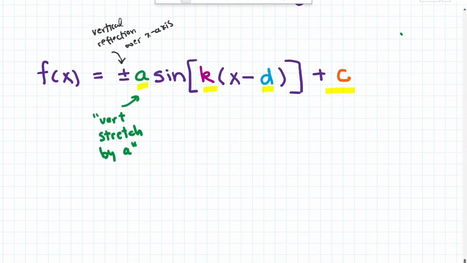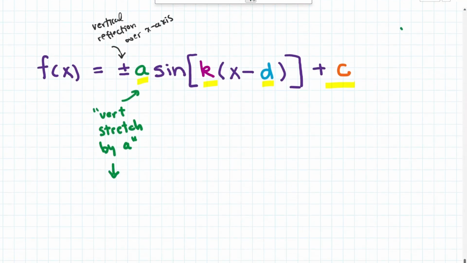Well, in terms of trigonometry, this a over here represents the amplitude of the trig function. Because sine and cos functions have a restricted range, they oscillate between a maximum value and a minimum value. And the amplitude indicates how much above or below the axis the function stretches.